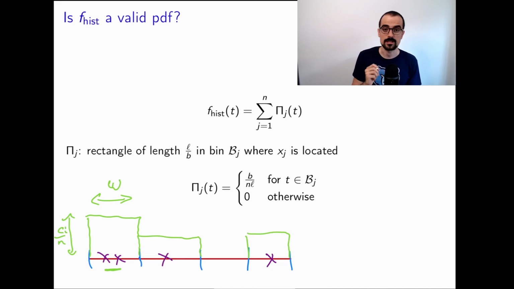What we can do is realize that we can always cut this up into individual rectangles. Here it's very clear, there's just a single point.